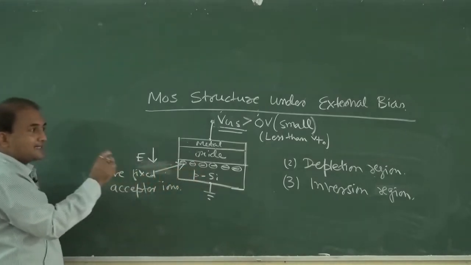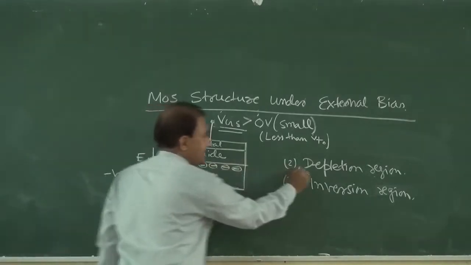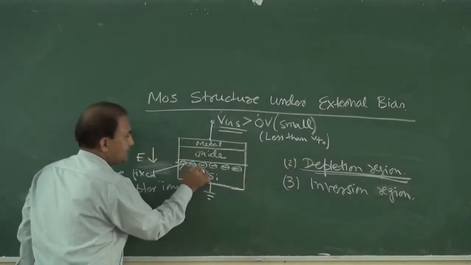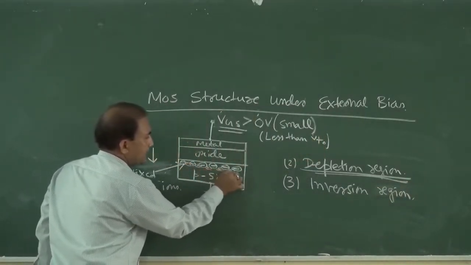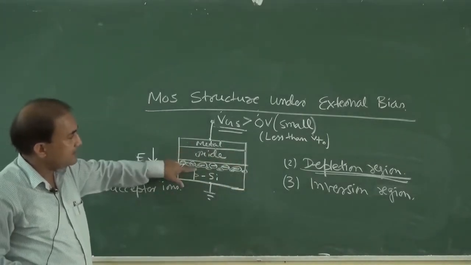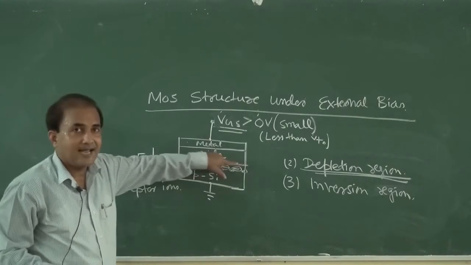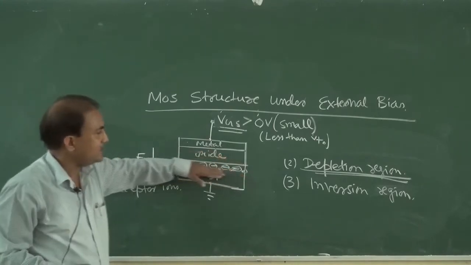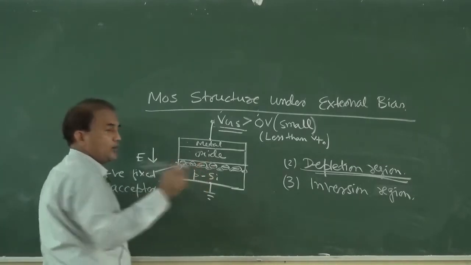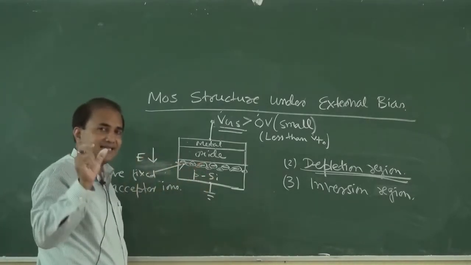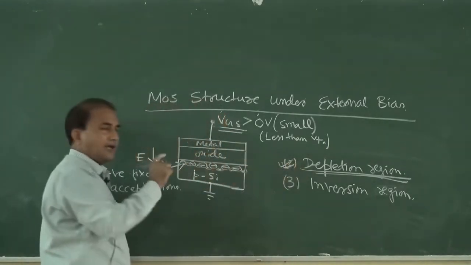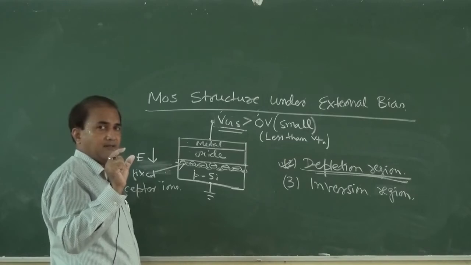This is the creation of the depletion region. It is created near the oxide substrate interface layer, and in this depletion region no free carriers exist. So in the depletion region also, conduction does not take place.